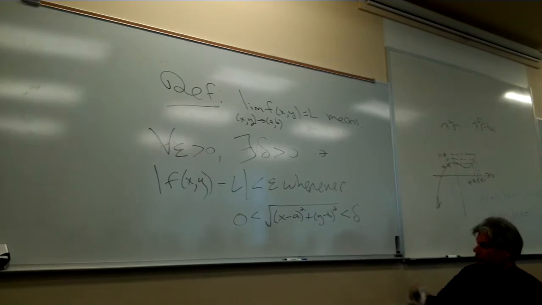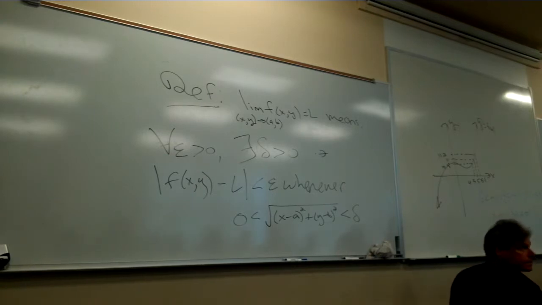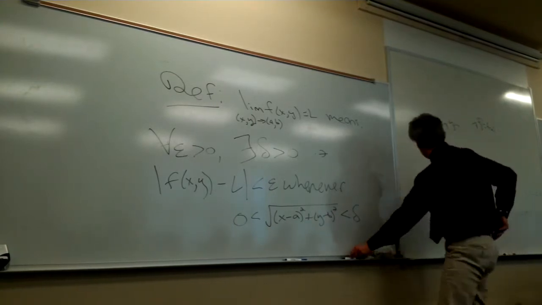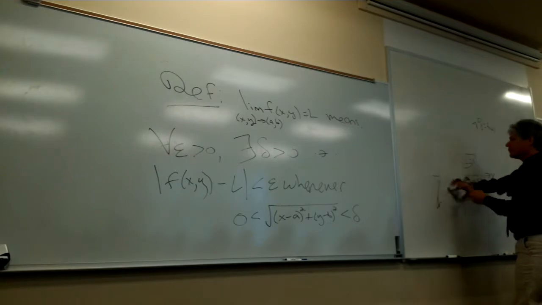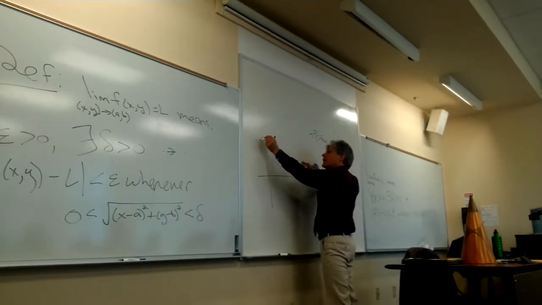So what we're saying here on this last line, so we have some number which is less than epsilon whenever our, what is this quantity in the middle of the two? This quantity represents the distance between (x, y) and the point (a, b). So you can visualize it this way. In the xy coordinate plane, here's the x-axis, here's the y-axis.